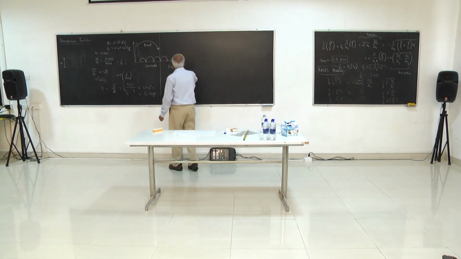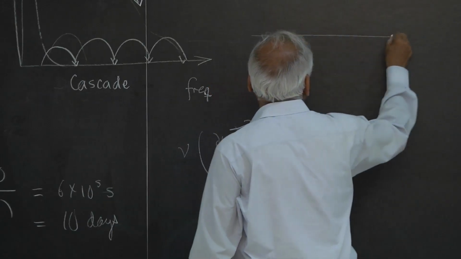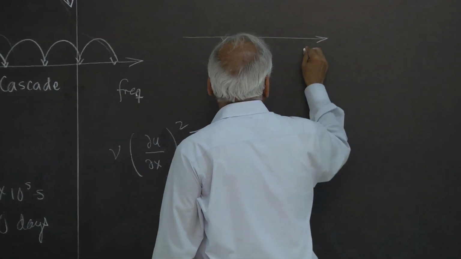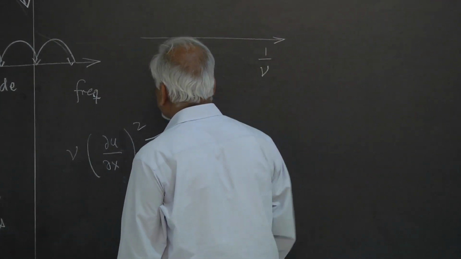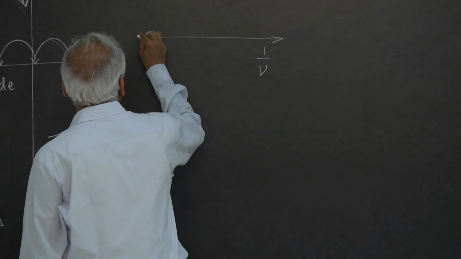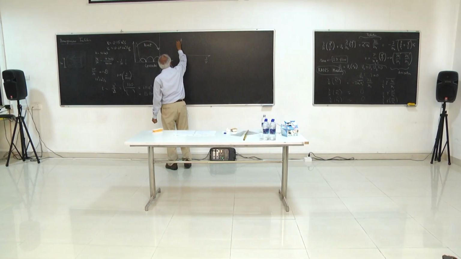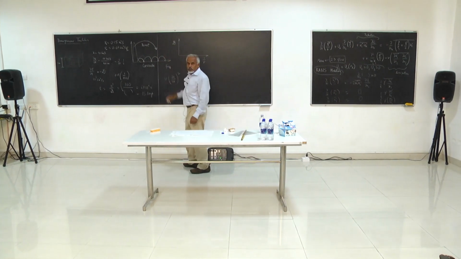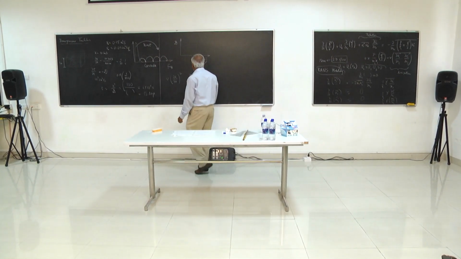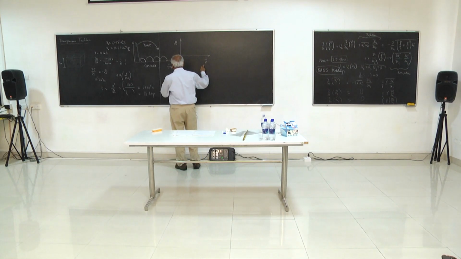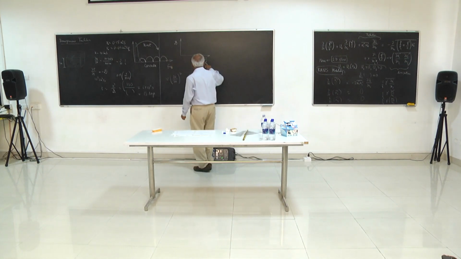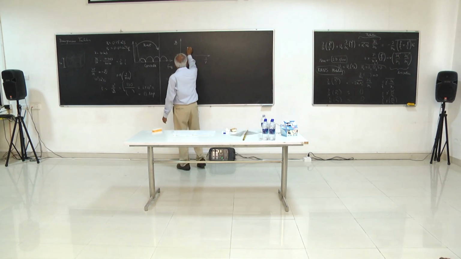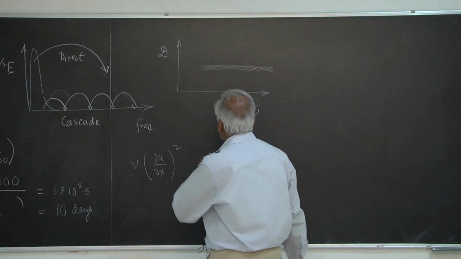So if I plotted, as a function of, let's say, 1 over nu, I'll see why it's 1 over nu in a minute, the energy dissipation rate, normalized in some fashion, then you would have thought, or I would have thought, that when nu is larger, meaning 1 over nu is smaller, the energy dissipation would go up, but actually it stays flat.